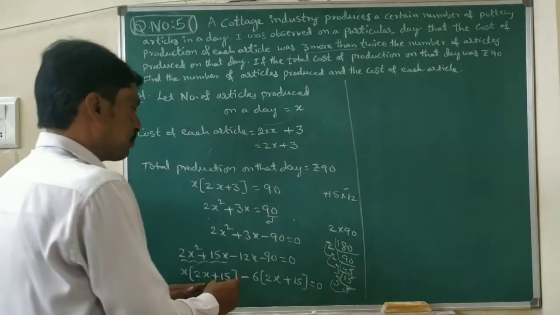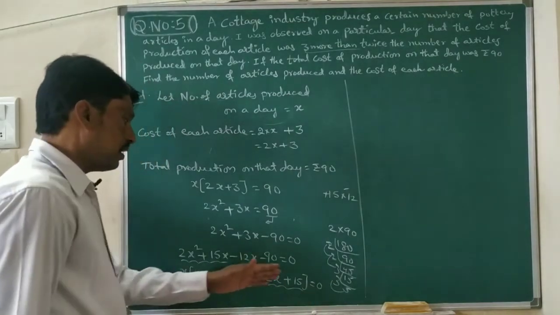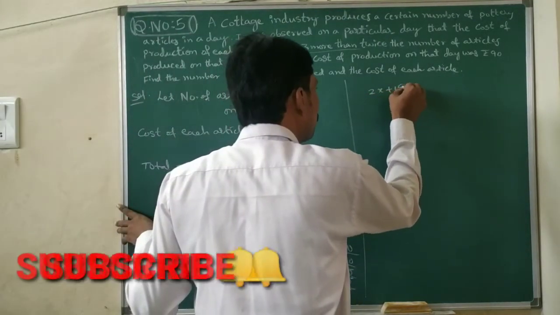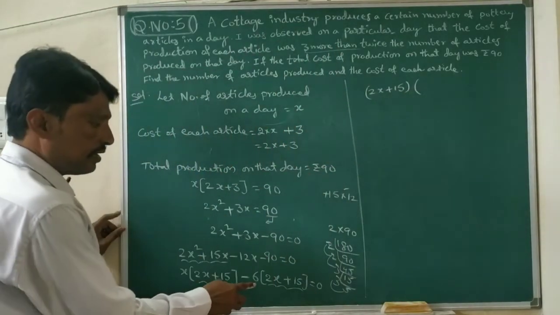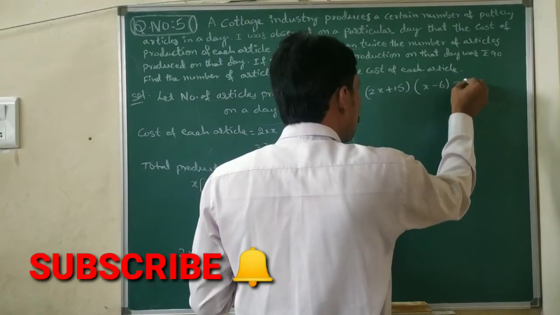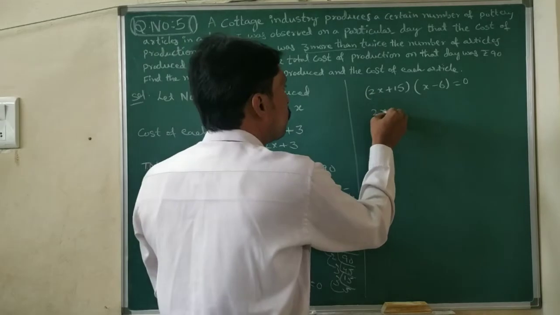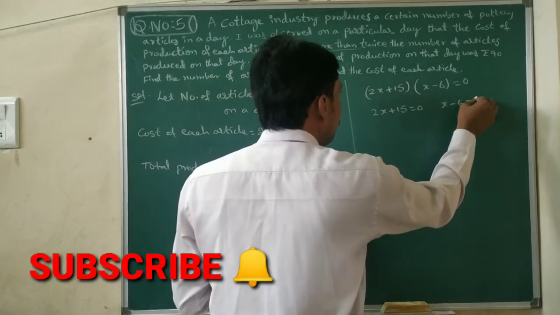Now here 2x plus 15, and here also 2x plus 15. We have to take this common. So 2x plus 15 I took common, x remains here, minus 6 remains here. So x minus 6 equal to 0. Now we write each factor equal to 0 individually: 2x plus 15 equal to 0, x minus 6 equal to 0.